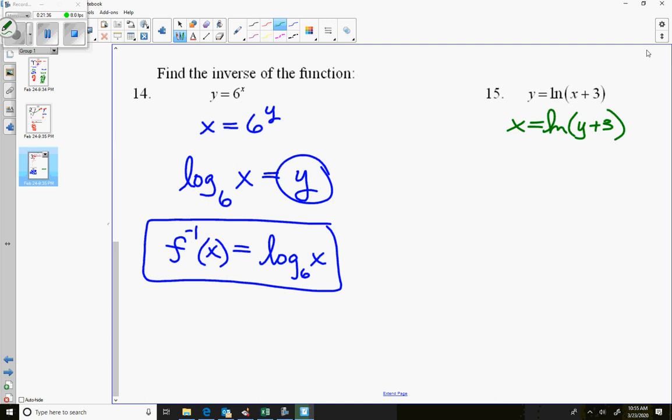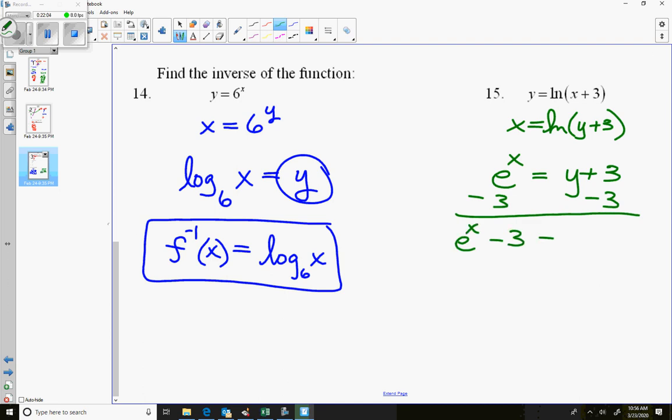Well, natural log means log of base e. So the base of your log becomes the base of your exponential. What the logarithm equals is the exponent. And then now this will equal the argument. Not quite solved for y yet. Go one step further there. Subtract 3. And that is basically the answer. But again, we do want to use your inverse notation.